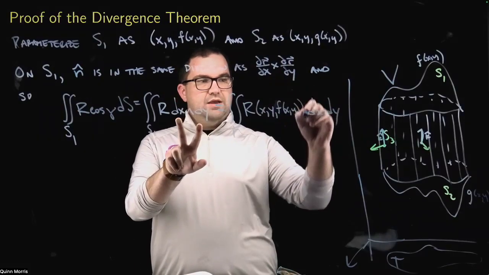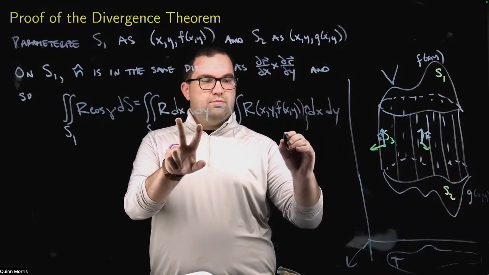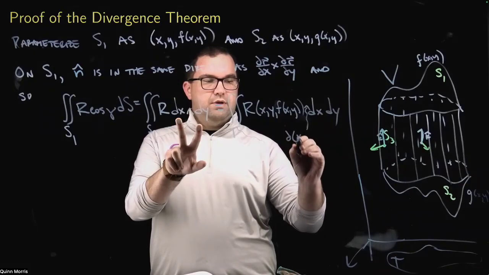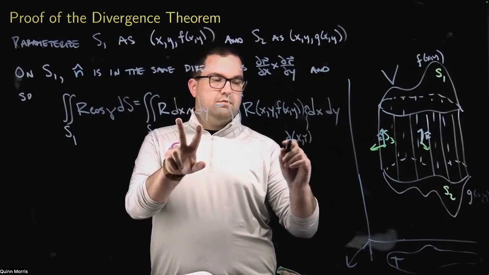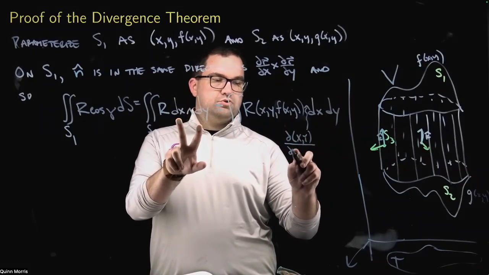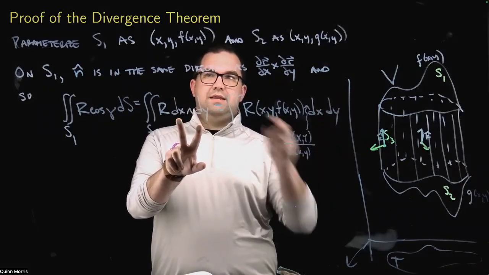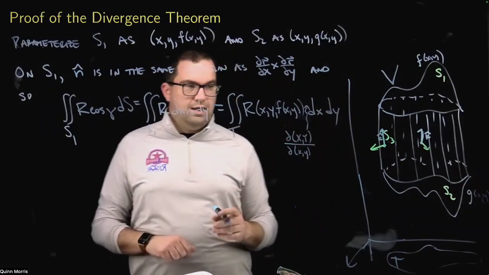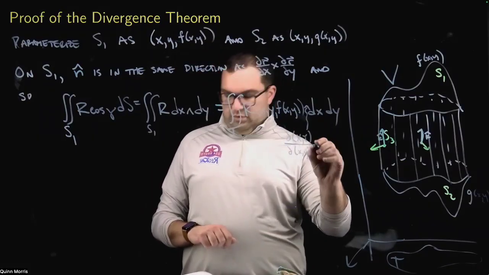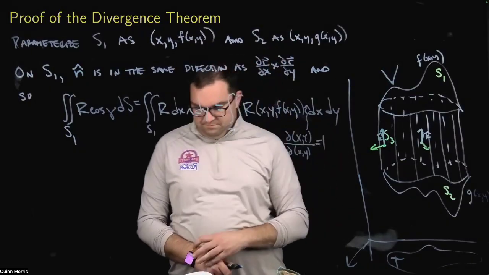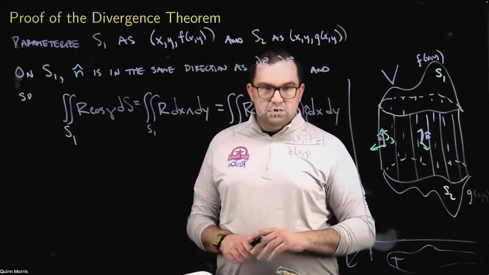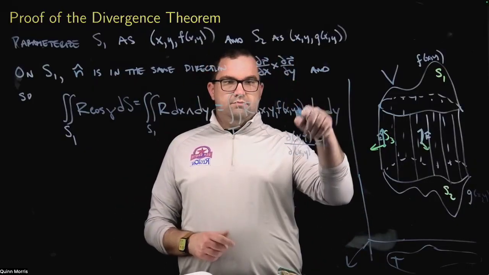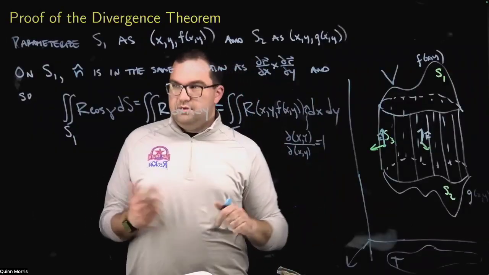We would have in here a term which is partial xy over partial uv, but again here for our parameterization we're using x and y. If you calculate this, this will be 1. So here you just get this.